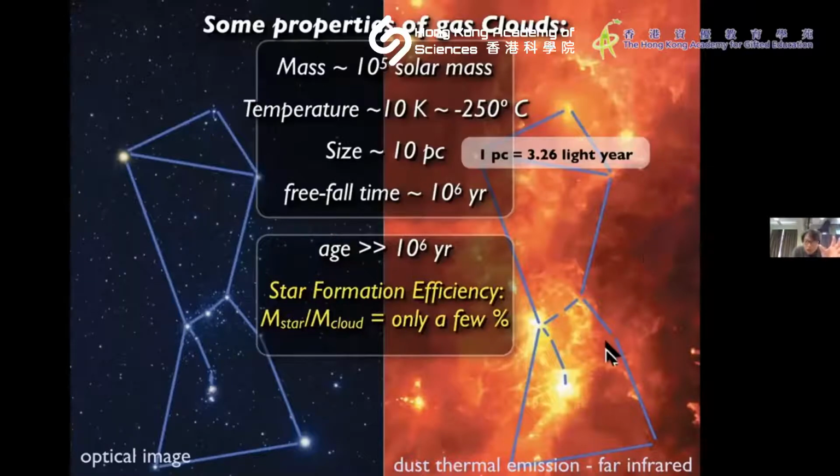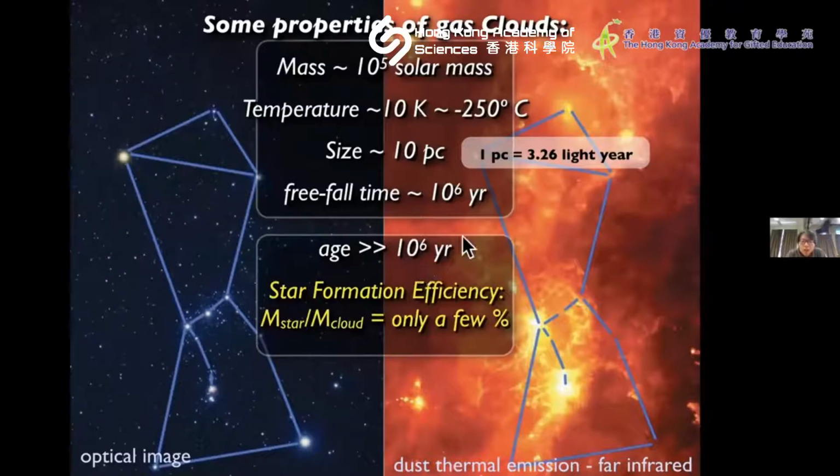Here we can do the same thing, and predict that all the material we see here is going to fall together to one point, because they fall into each other within 1 million years, if only gravity applies to this chunk of gas. But the reality is we can also estimate the age, which we cannot cover here, but astronomers can. The age of this cloud is much, much longer than 1 million years.